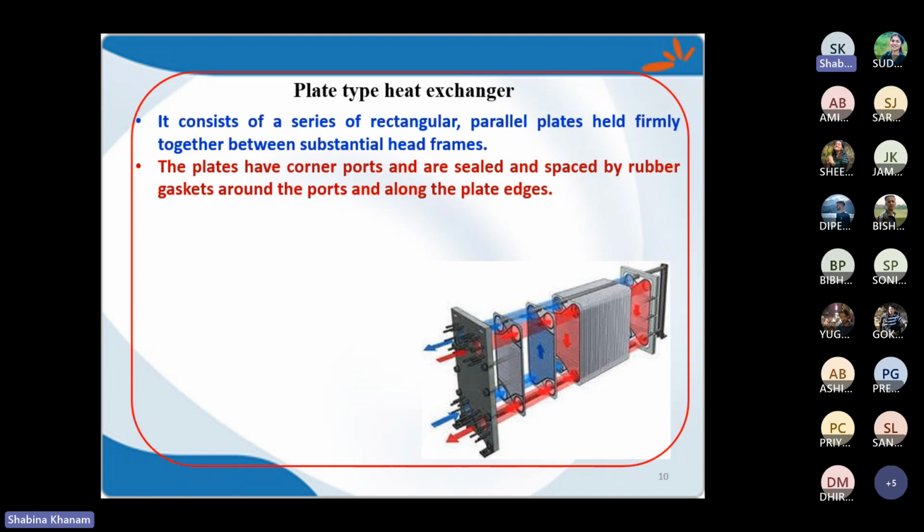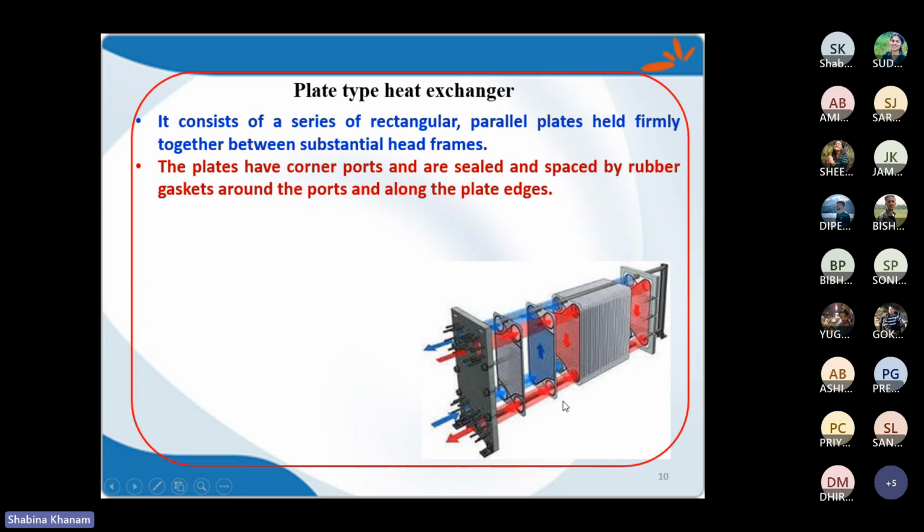So in that case, if I'm having a gasket like this, it means this gasket works as a sealing to avoid the flow of hot fluid in this. So hot fluid will come over here and it will spread over the plate and exit from here.